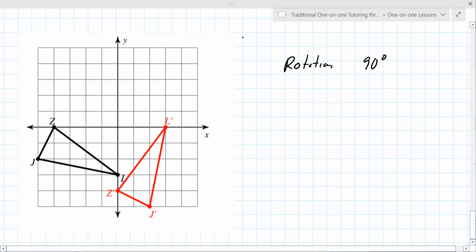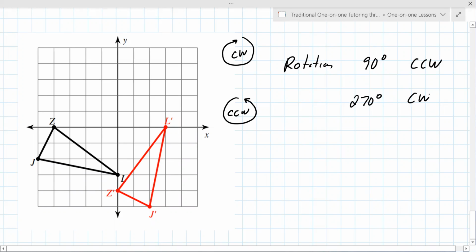There's clockwise, and if you go the other direction, that's counterclockwise. Counterclockwise means it could also be a 270-degree clockwise rotation. Is it clear what I mean by moving quadrants?